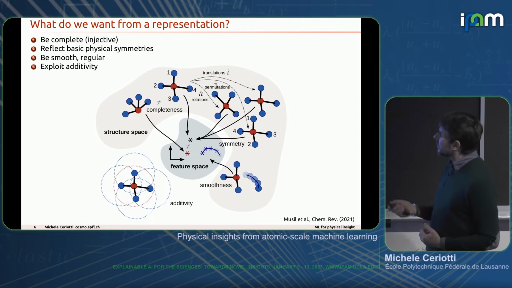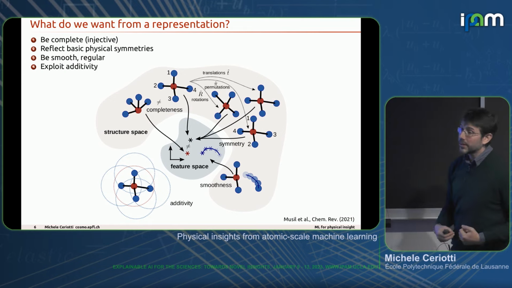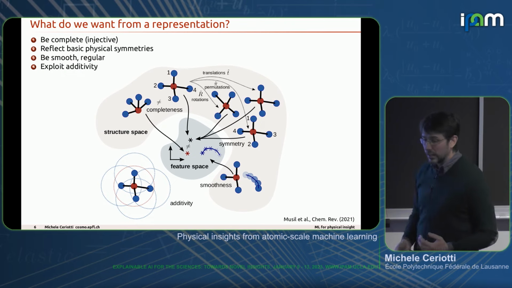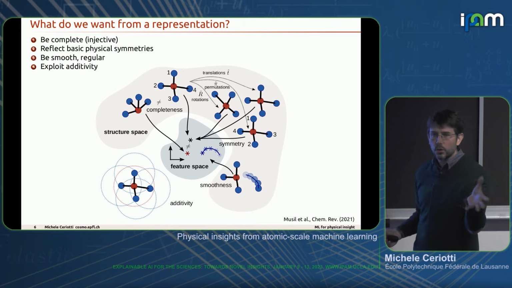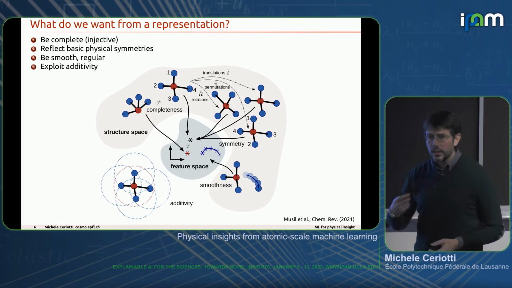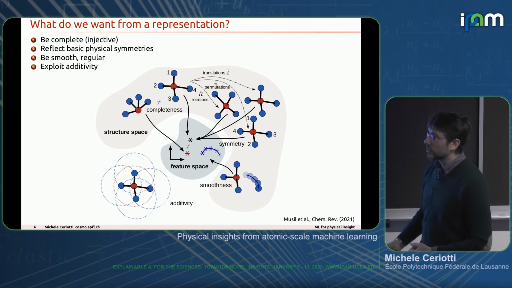And what makes this not so trivial is that simultaneously we also require this mapping to be symmetry adapted or symmetry preserving. Basically, if two molecules have different coordinates but correspond to a rigid rotation, then it's very useful if the features are the same, because then the properties will be the same without you having to do any work in the structure of the model.